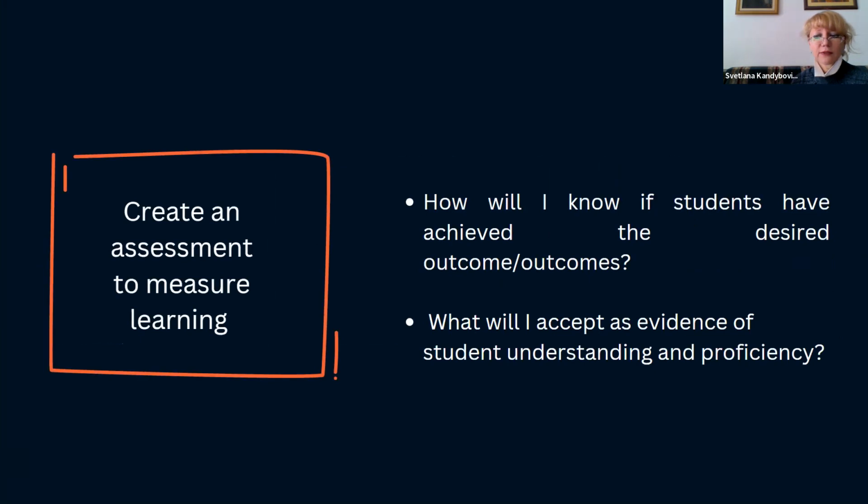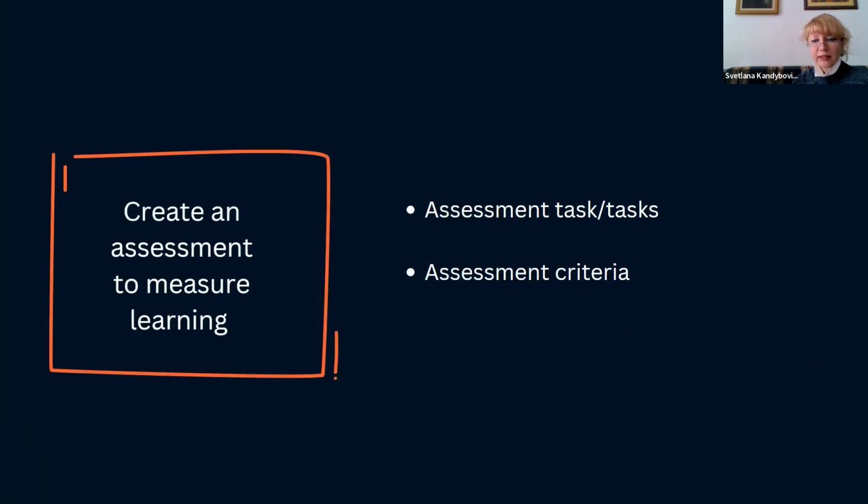Okay. So we need to consider the following 2 questions at this stage. How will I know if students have achieved the desired outcomes? And what will I accept as evidence of student understanding and proficiency? So that means we need to determine the appropriate assessment format to use. We can use different formats such as oral presentations, written assignments, or multiple choice tests.